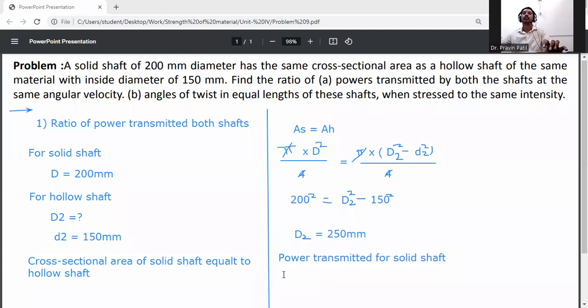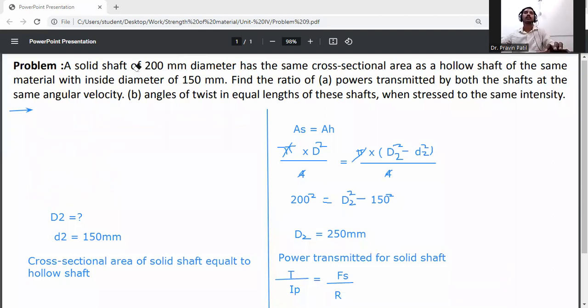So for that, we know the equation T divided by IP, where IP is the polar moment of inertia, is equal to Fs divided by R, where Fs is shear stress, divided by R.